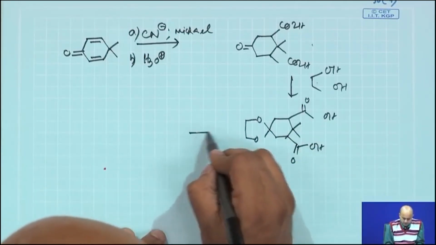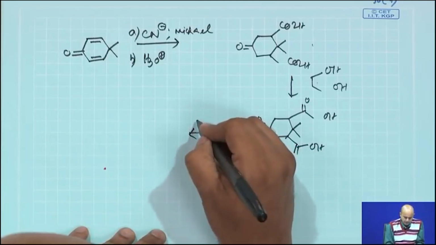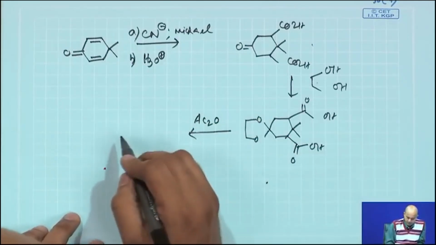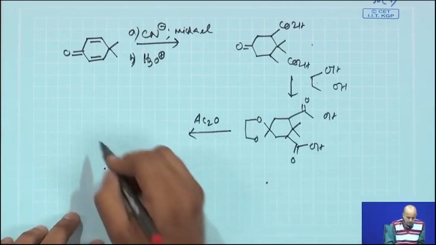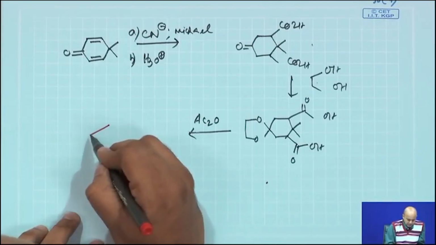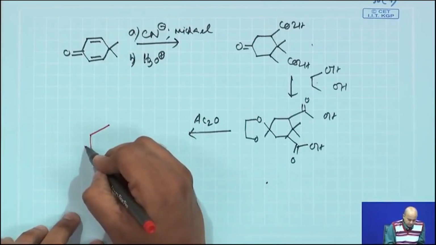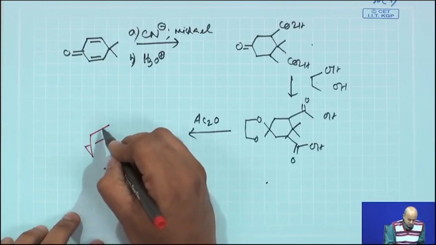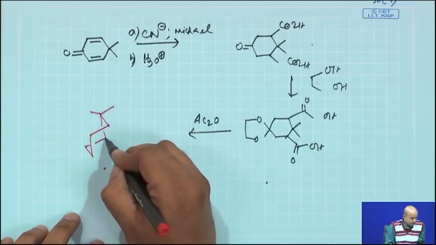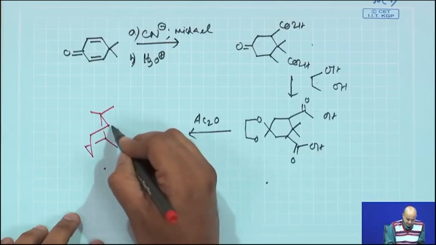Now, this dicarboxylic acid is treated with acetic anhydride to give you the corresponding anhydride. Now, I will try to draw this anhydride in the bridged fashion, so that you get this anhydride.